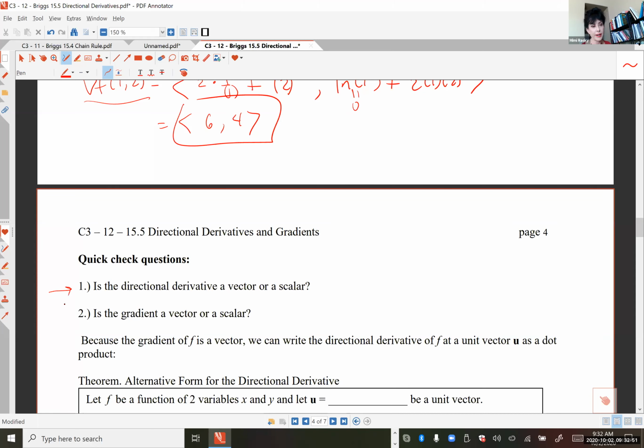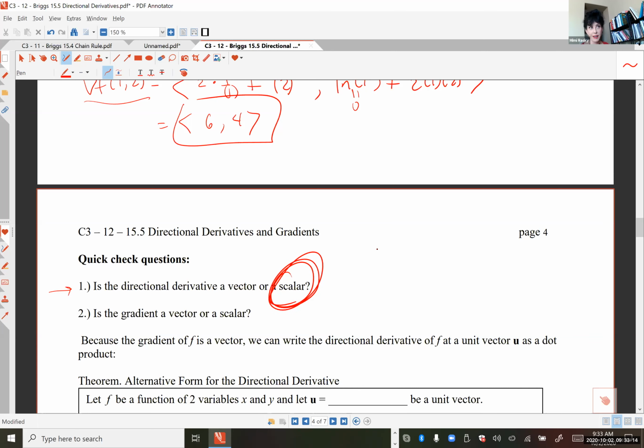Question number 1. Is the directional derivative a vector or a scalar? So we spent the first half of today's lecture doing all sorts of fun and play with directional derivatives. Is the directional derivative a vector or a scalar? Scalar. Very good.